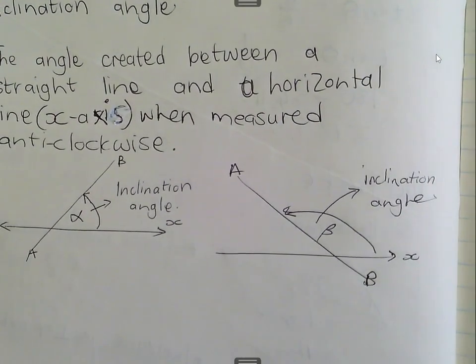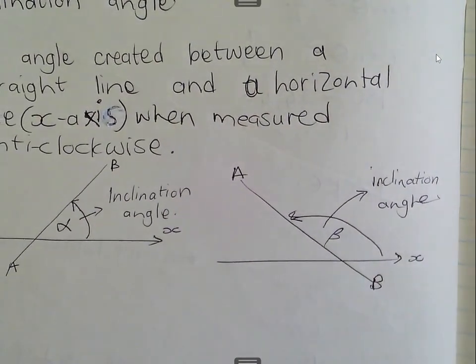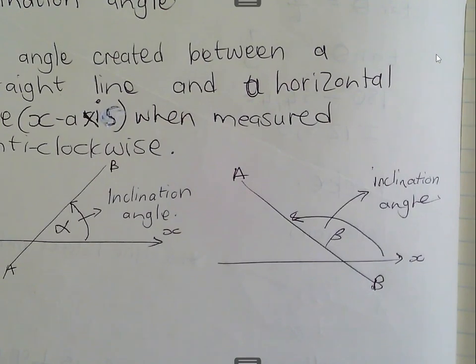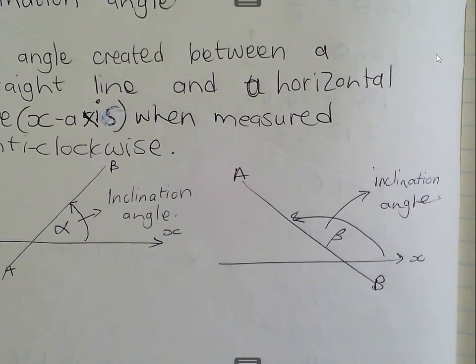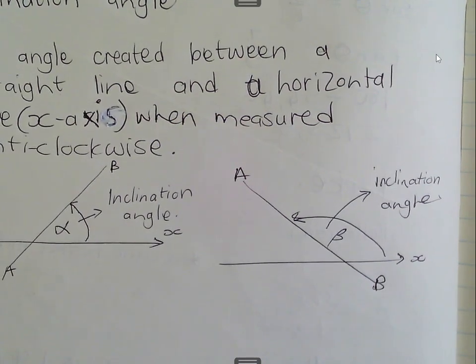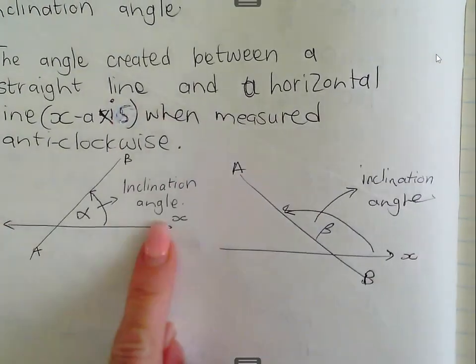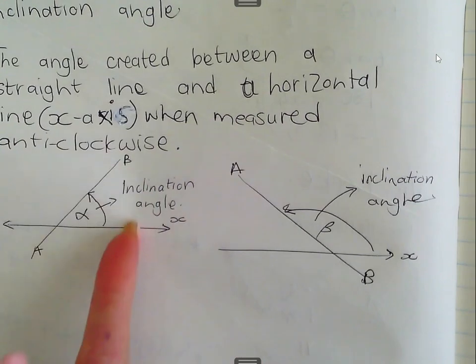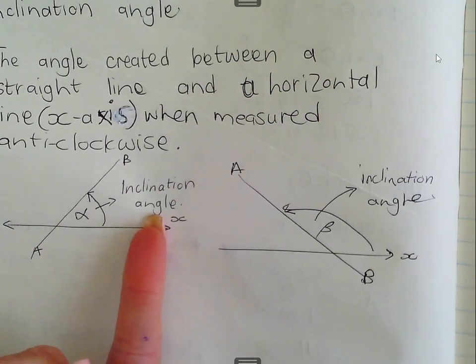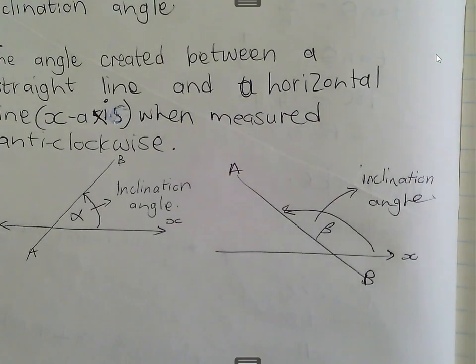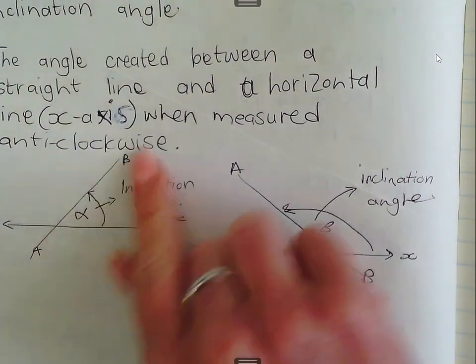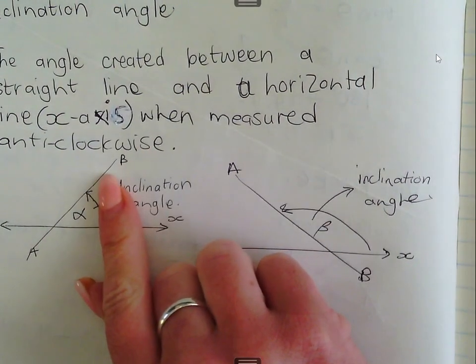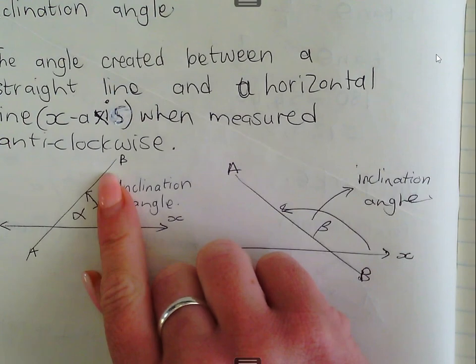Okay, the inclination angle is the angle created between a straight line and a horizontal line or the x-axis when measured anti-clockwise. So there's a straight line, there's the x-axis, it's the size of that angle. Do you see that this straight line AB has a positive gradient?